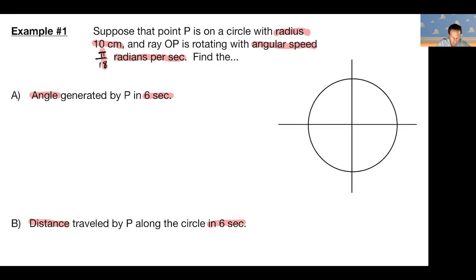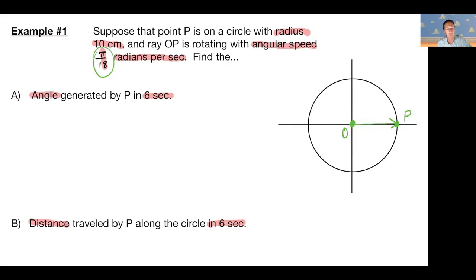So basically what we're doing here is we have O here, and then P is going to end up, we'll say, starting here and then rotating. That ray, we're going to rotate it at a certain speed. We have pi over 18 radians for every second.